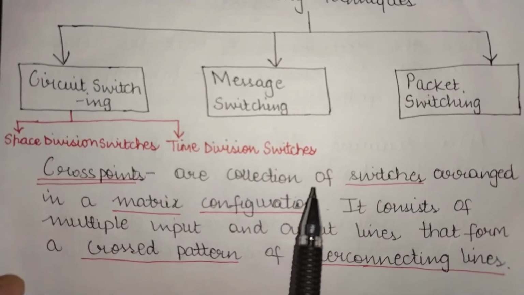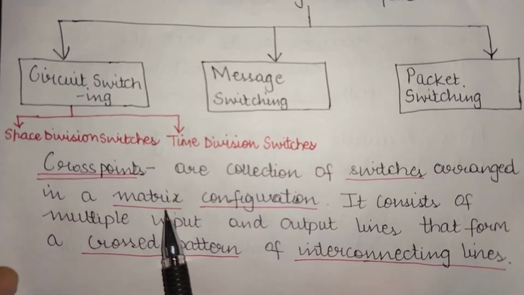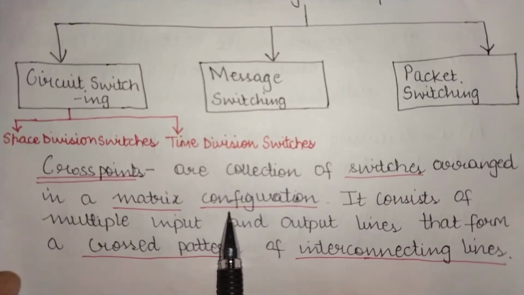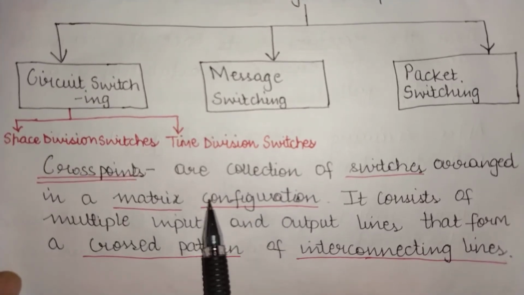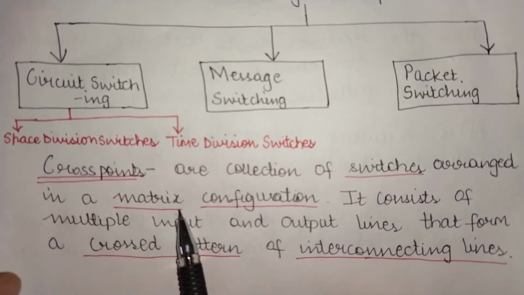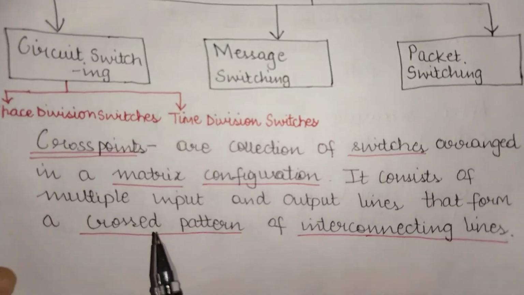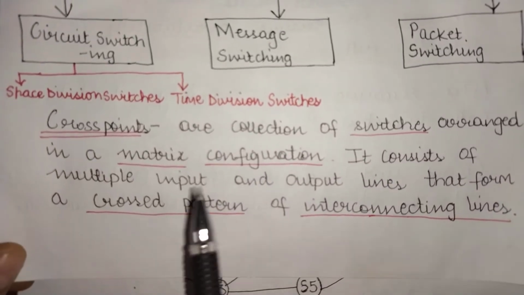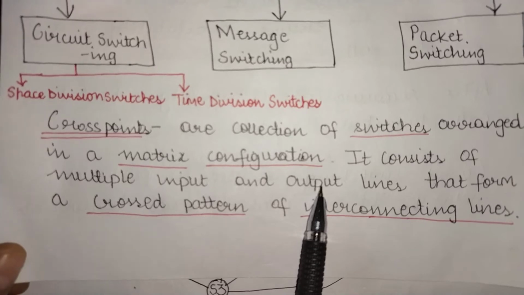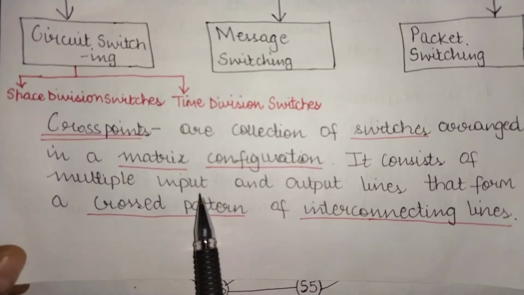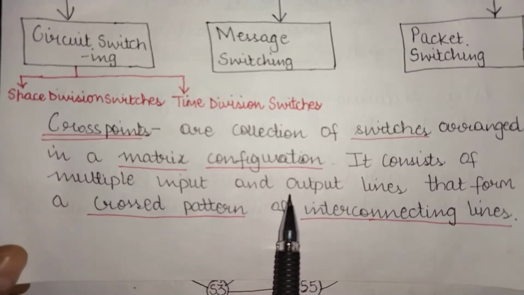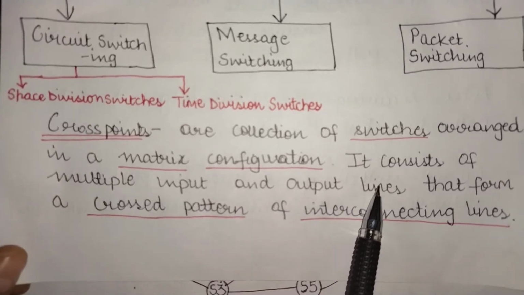A group or collection of switches which are arranged in the form of a matrix configuration. The topology or configuration is such that they appear to be in a matrix form. Of course it consists of multiple input and output lines, as in the case of any switch. There are multiple input lines from which the data is coming, and multiple output lines from where the data is going to the destination.